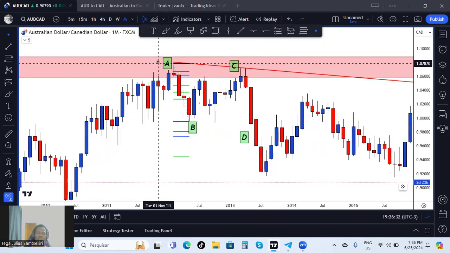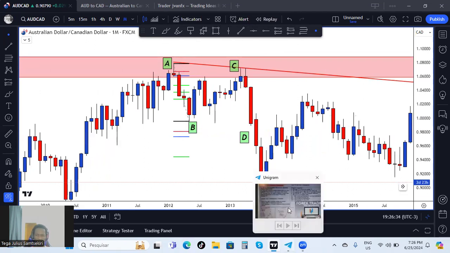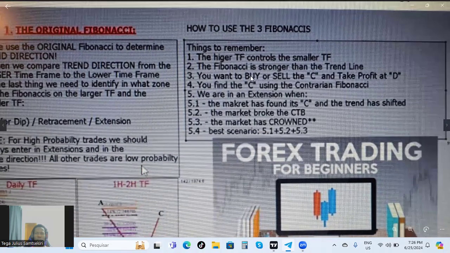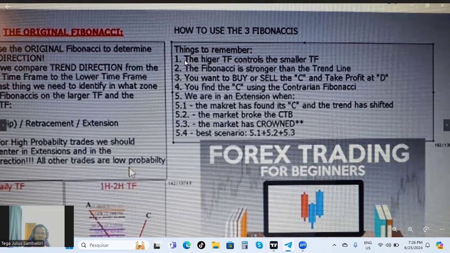It's a sequence, like I have here in the picture. Like I said, let's quickly touch this area. Things to remember: the higher time frame controls the smaller time frame. The Fibonacci is stronger than the trend line; we're going to get to that.